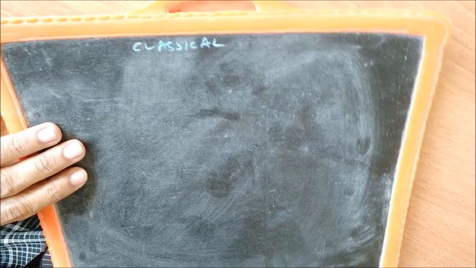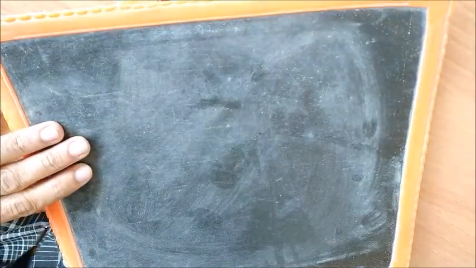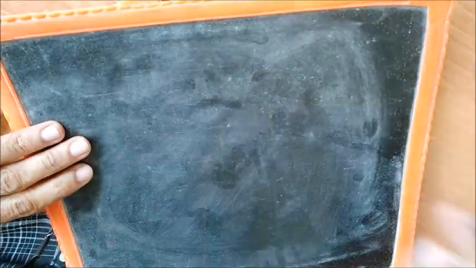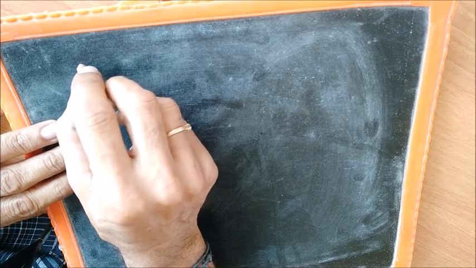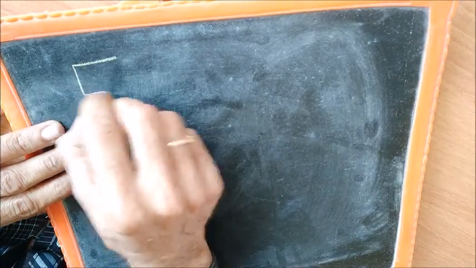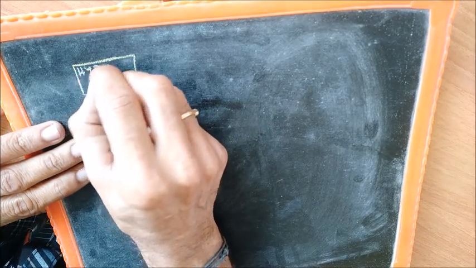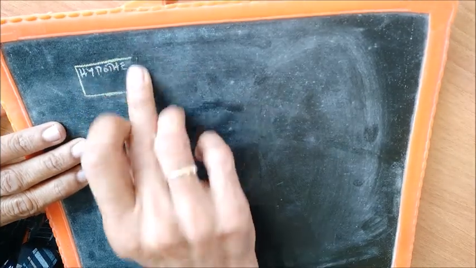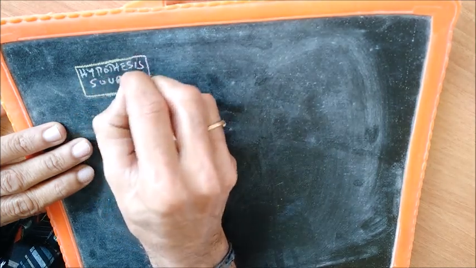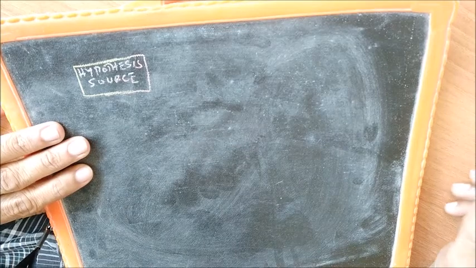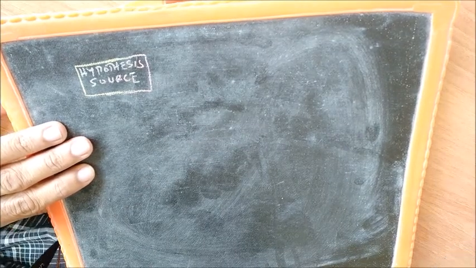Now, we can model a detection problem with the help of these basic components. We will have a hypothesis source. So I'll first draw this model and then we will discuss each block in some detail.